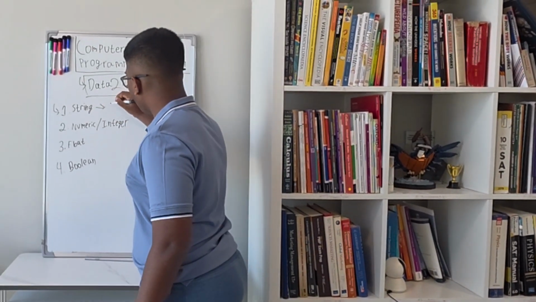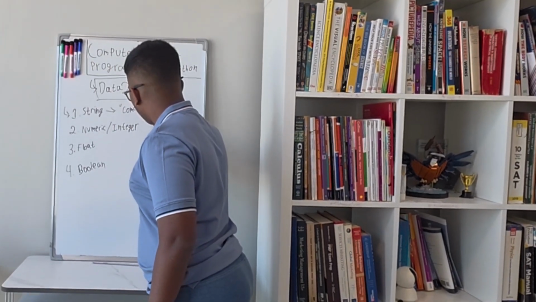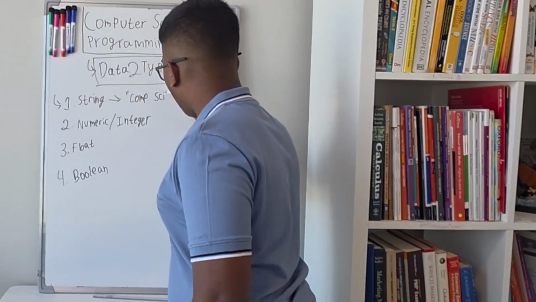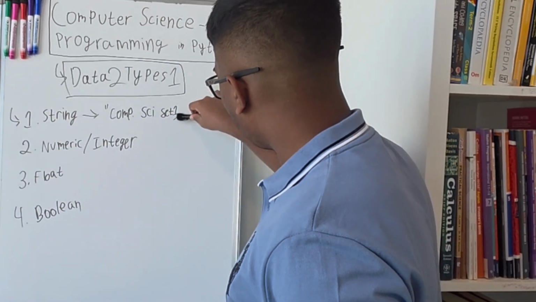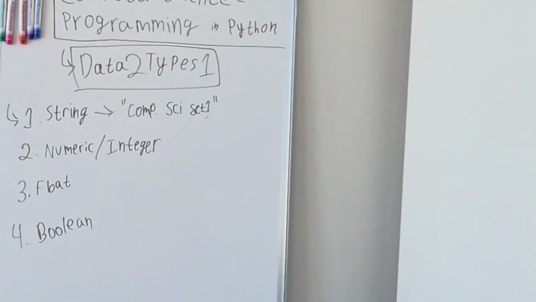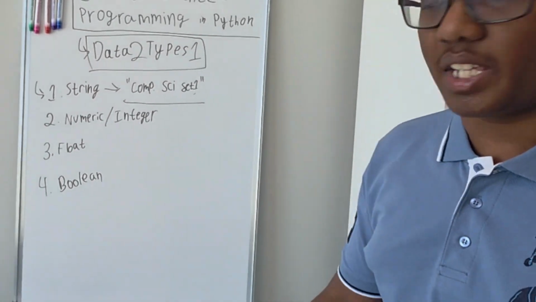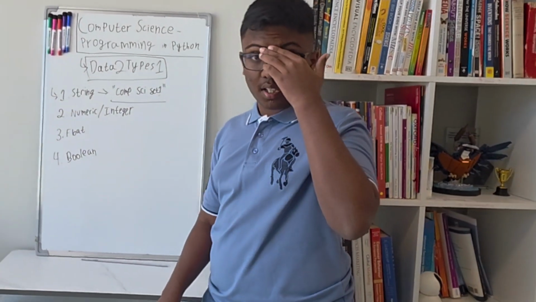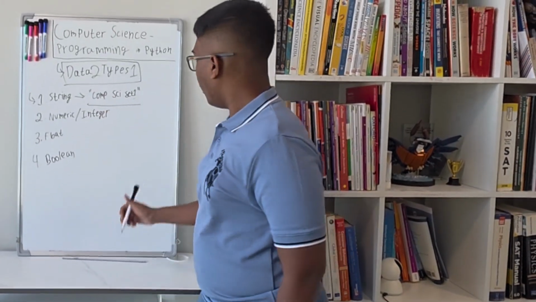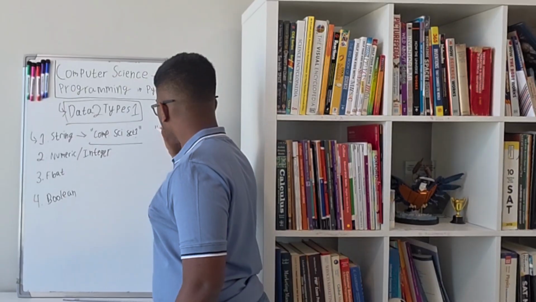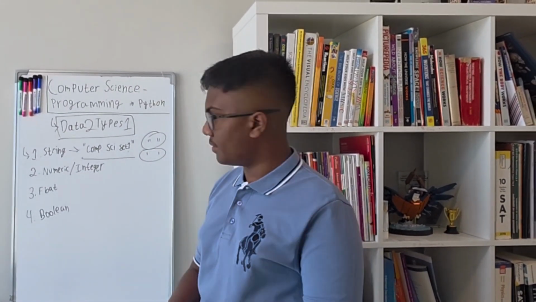So let's say a string would be comp.sci set 1. Yeah. So comp.sci set 1 would still be a string because all of these are alphanumeric, even the spaces, even the dots. Now in Python, strings are always enclosed within speech marks or quotation marks. This or this. Either one of these are okay.